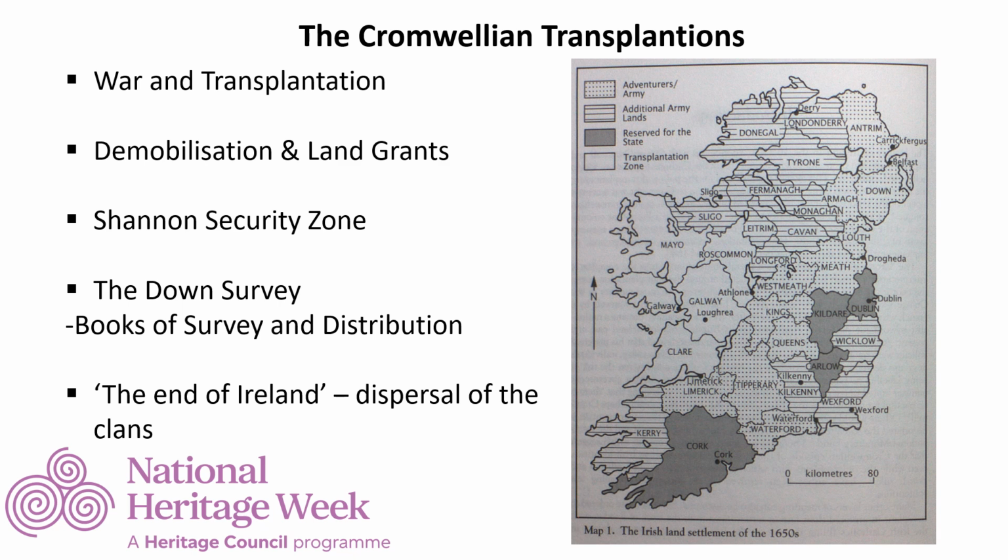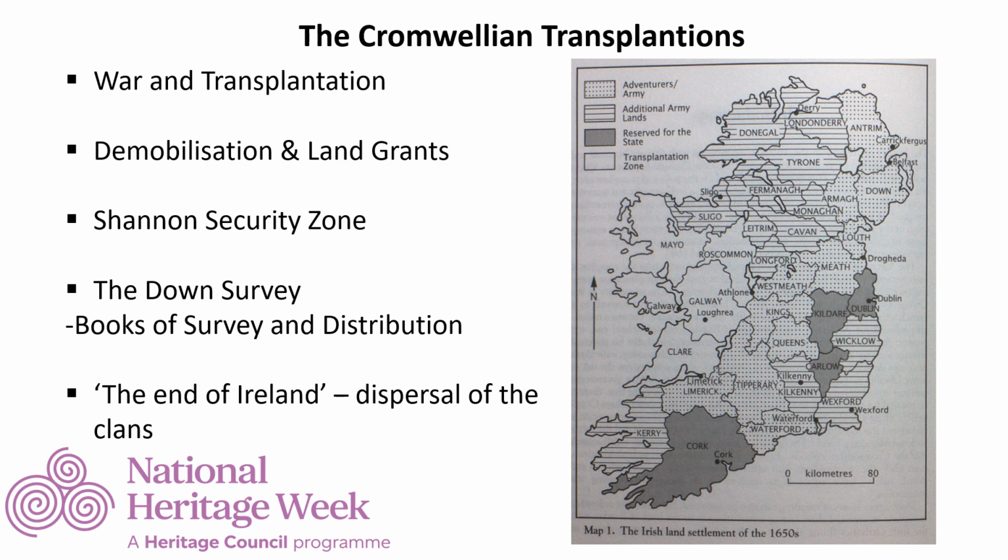This was obviously a massive undertaking, the transplantation, so it needed quite a large mapping project. So George Petty was deployed to undertake this survey and basically mapped every townland in the country with incredible precision.